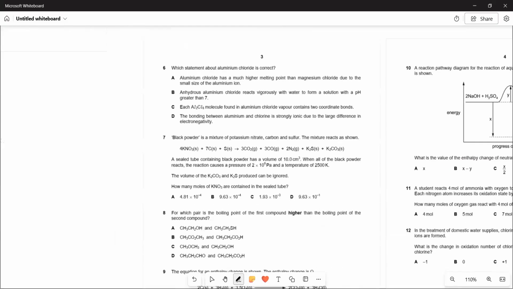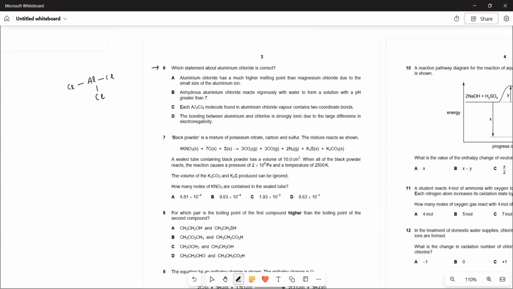Question number 6. Which statement about aluminium chloride is correct? Remember the bonding in the case of aluminium chloride. And we also discussed that aluminium chloride in vapor state exists as a dimer.